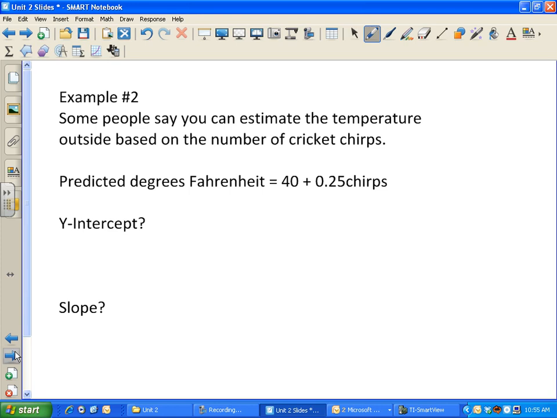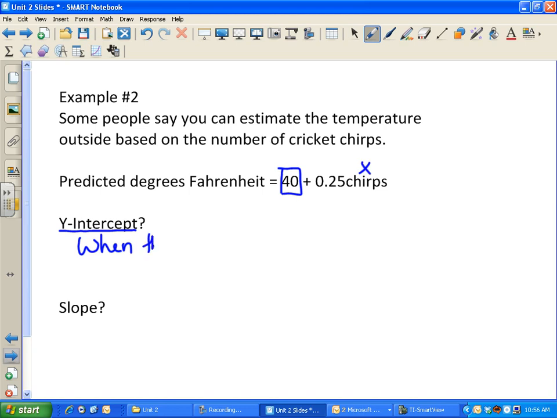So I'm going to interpret the y-intercept in context. So remember, the y-intercept is the constant. It's the number that's all by itself. And the y-intercept is what our y value is when x is 0. So when x is 0, well, x is my number of cricket chirps.